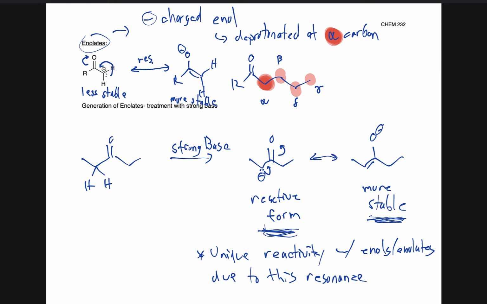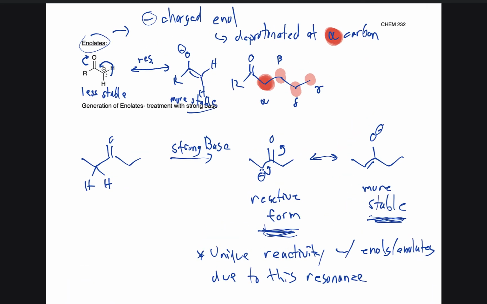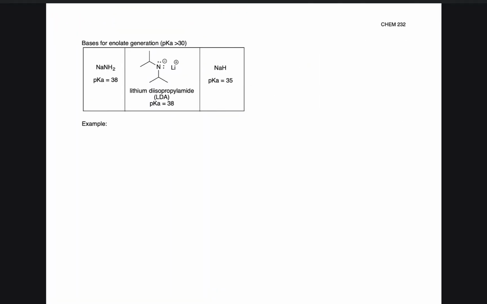And so when we're talking about strong bases, what exactly do we mean? We've talked a lot during Organic Chemistry 1 and 2 about what makes something a strong base. So let's go ahead and actually look at a real example of this and kind of cement some things down. When we're generating enols and enolates, we need this to be particularly basic, which is why we need the pKa to be something that is above 30.